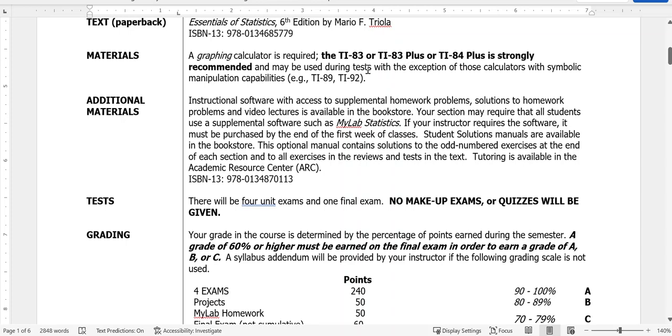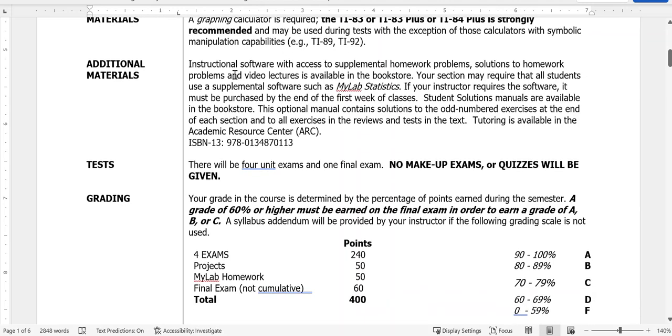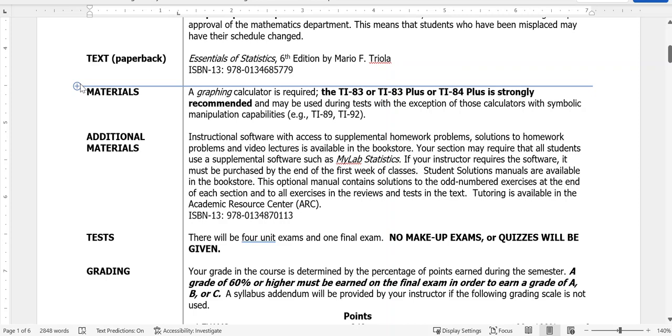We will be using a lot of the statistical functions and hypothesis testing, especially. If your calculator doesn't do hypothesis testing, then it's not going to work. So basically, you need to get a calculator, okay?